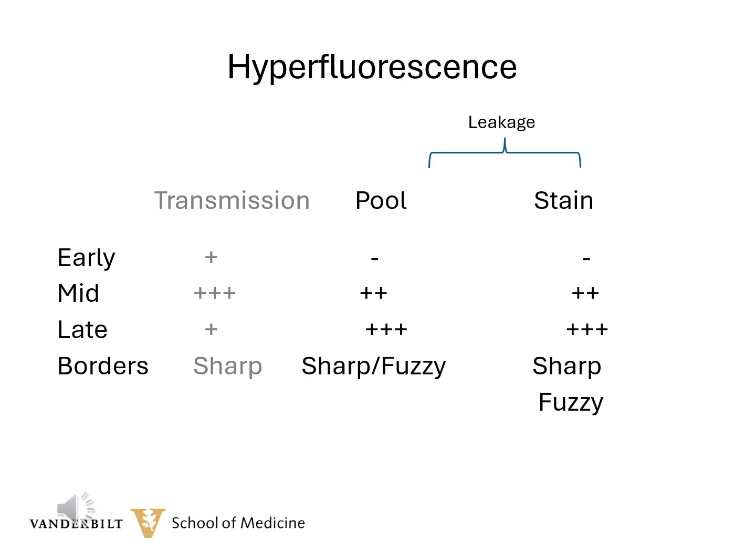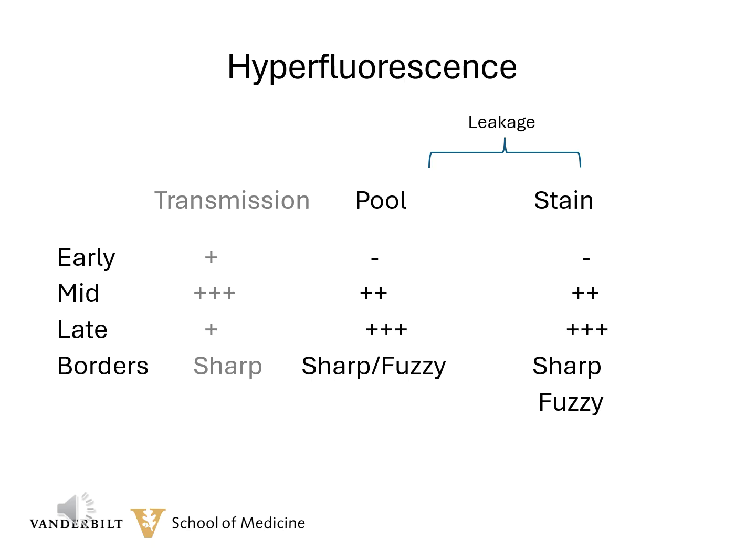Whereas with leakage, whether it ends up staining tissue or pooling in a space, you have a normal amount of fluorescein until the fluorescein actually leaks from someplace. In the mid phase, it is more than you would normally see. In the late phase, the dye continues to accumulate in whatever tissue or space that there is.